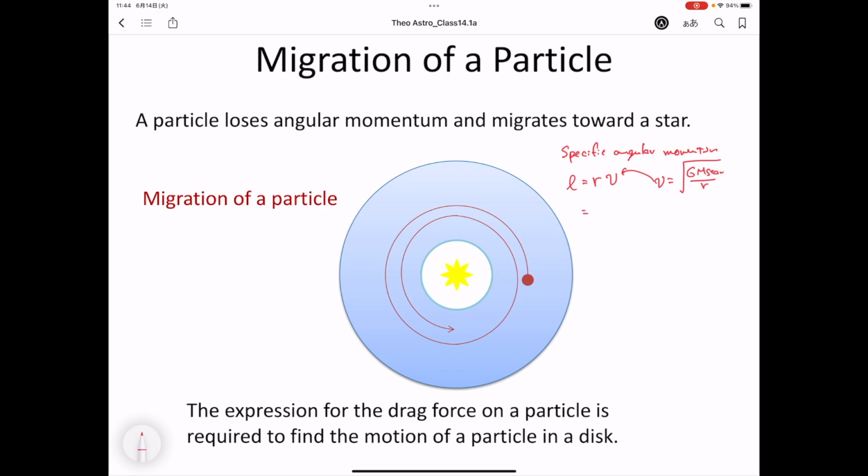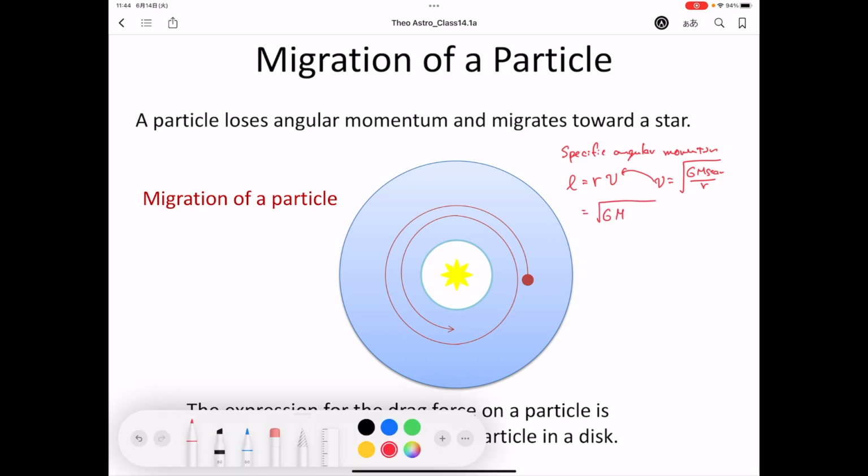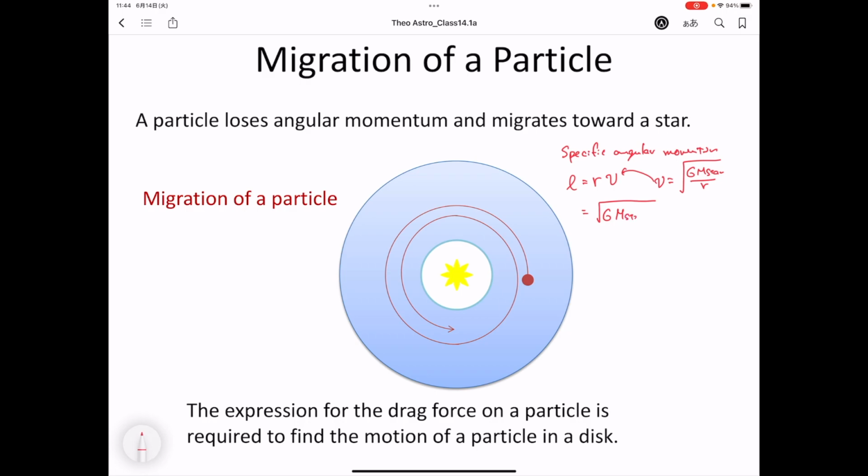The specific angular momentum is expressed as the square root of GM_star times r. So angular momentum is an increasing function of distance from the central star. Then angular momentum has direction. So this is r and this is v. The angular momentum is directed toward us. Okay, this is the direction of the angular momentum.